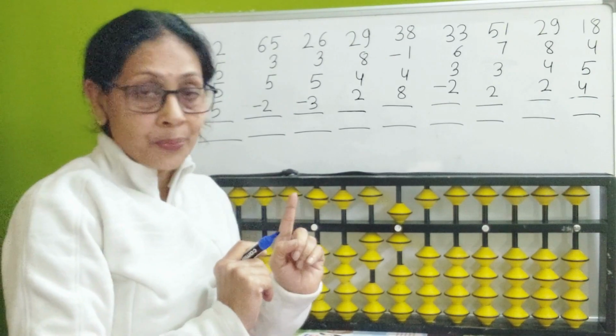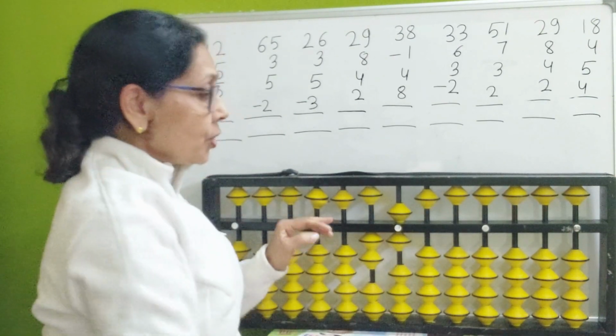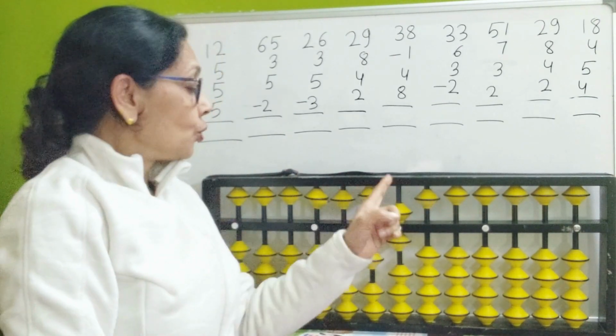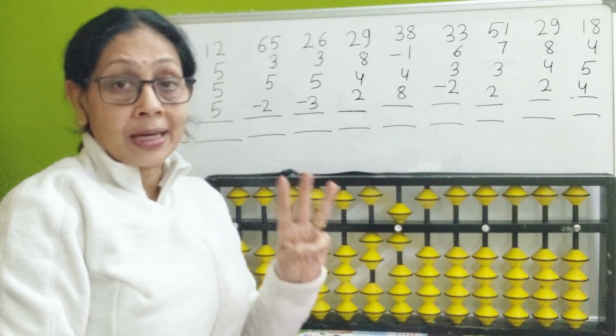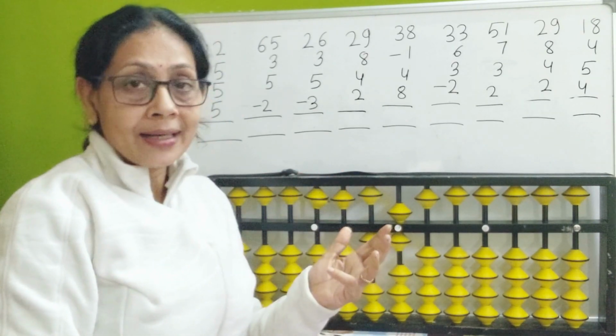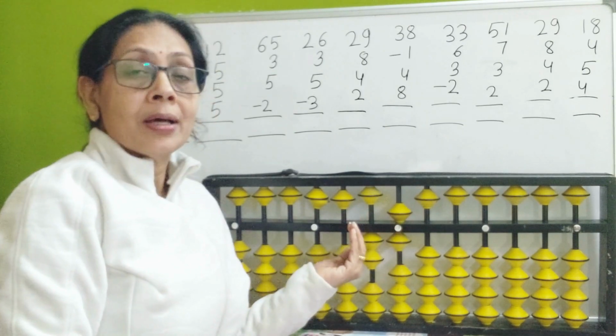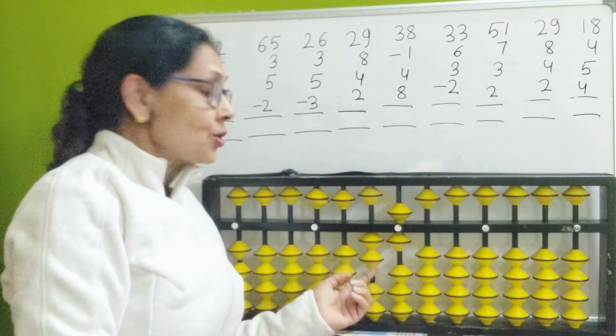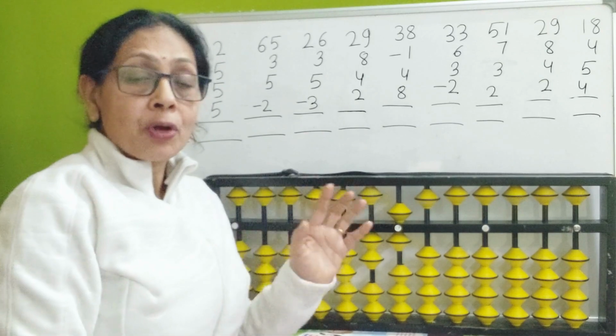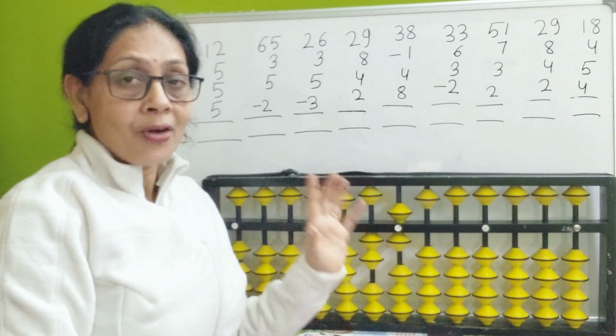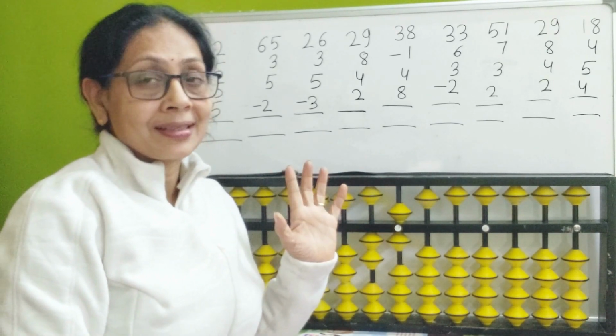You have to add 4. See, on the ones rod, you don't have 4. You have 3 beads only, less than 4. How to add? Then you have to take the help of the tens rod. So whenever you take help of the tens rod, always remember the big friend.